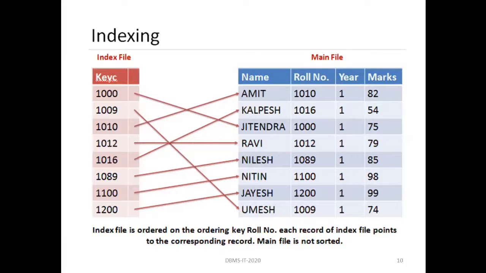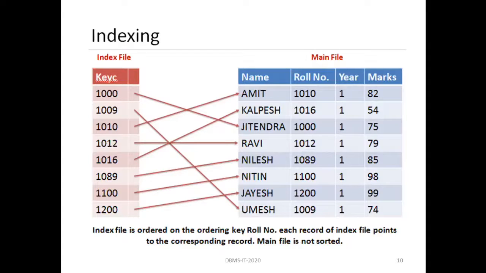Suppose it is done on a sorted file. So basically here the indexing has been done on roll number. You can see the values are sorted. You can use binary search in this case to access the data from the main file.